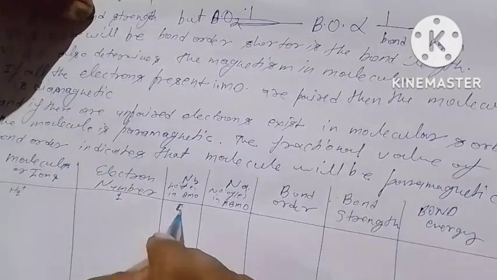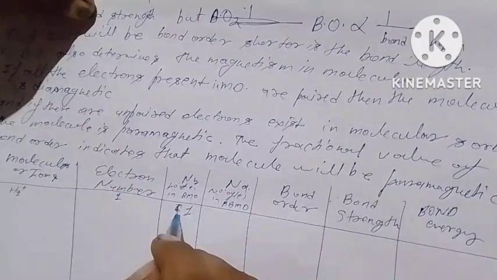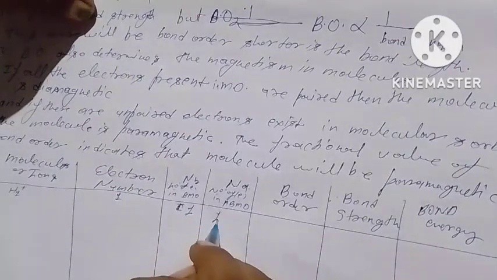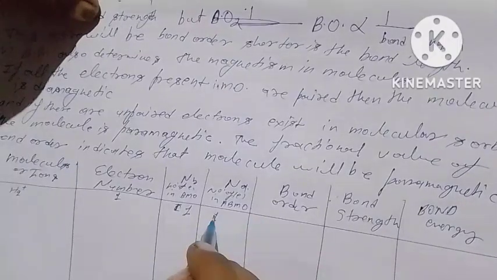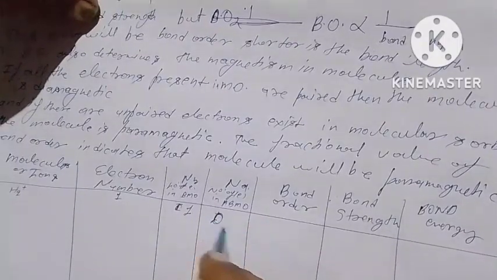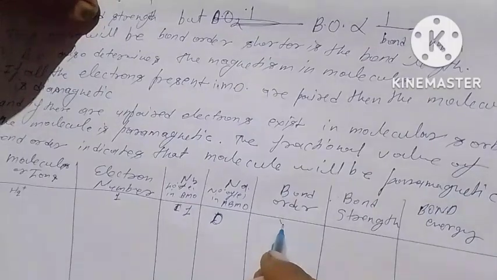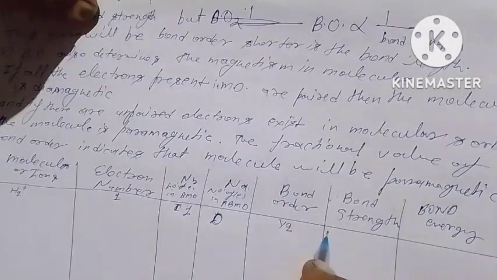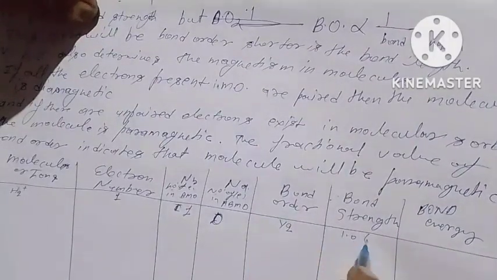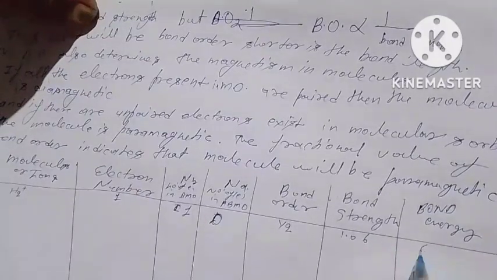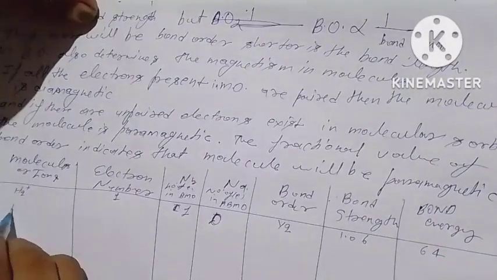Nb is 1, Na is 0, bond order is 1/2, bond strength 1.06, and bond energy 64.